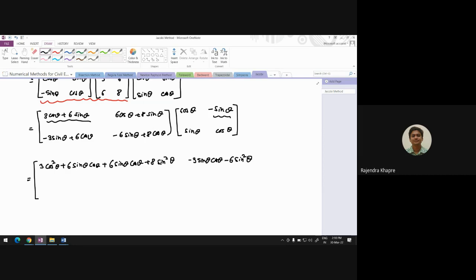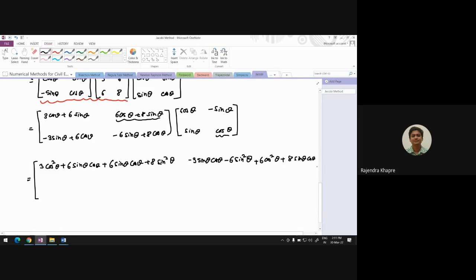Right? Then I have to go with the multiplication of this term with cos theta. Correct? So this will be something like plus 6 times cos square theta plus 8 times sin theta cos theta.